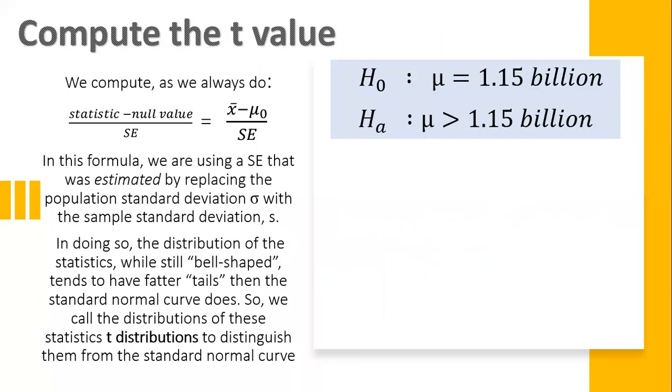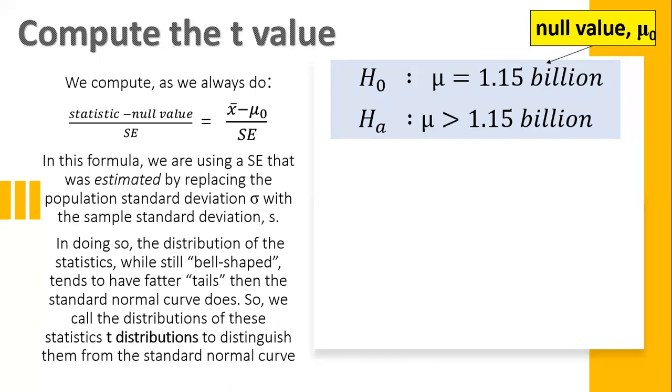Now, using that, we're going to compute something called a t-value. We're going to compute here, as we always do, the value of the statistic minus the null value divided by the standard error. In this case, that's our X bar, our sample mean, minus our mu sub 0 divided by the standard error. Mu sub 0 here refers to our null value.